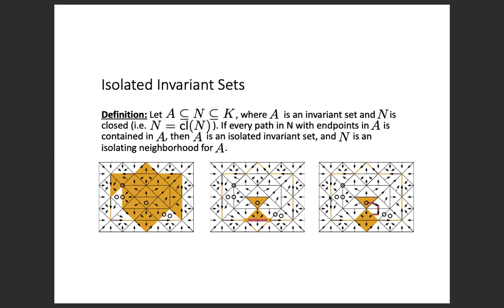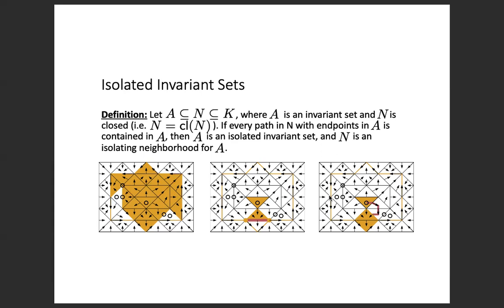Whether or not you're an isolated invariant set, you are an isolated invariant set if there exists an isolating neighborhood. So for example, consider this yellow invariant set on the right, and consider the rectangle to be our isolating neighborhood. In this case, it is possible to leave the yellow, stay within the neighborhood, and re-enter the yellow, okay, by following this red path.